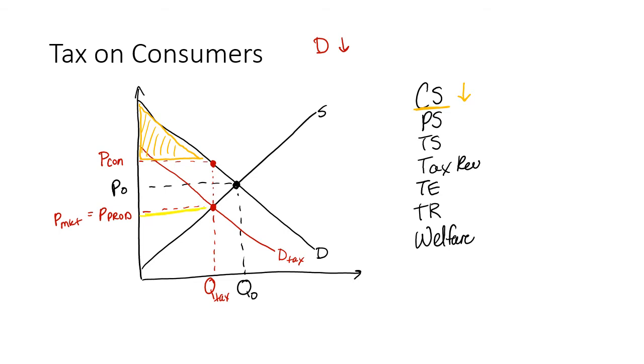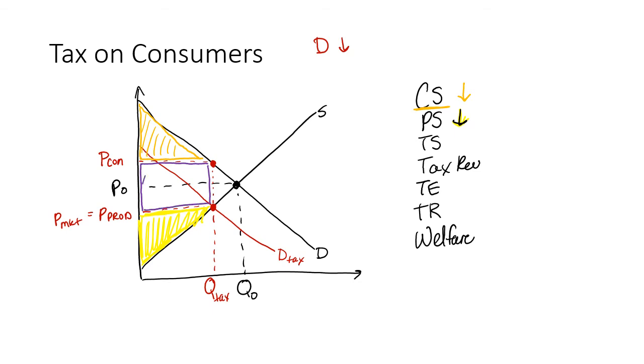Producer surplus stops at the price that producers actually receive and goes all the way to their cost. So producer surplus is lower as well. Make that black, it's a little hard to see. Okay, tax revenue. The government is getting the difference between the price consumers pay and the price producers get.